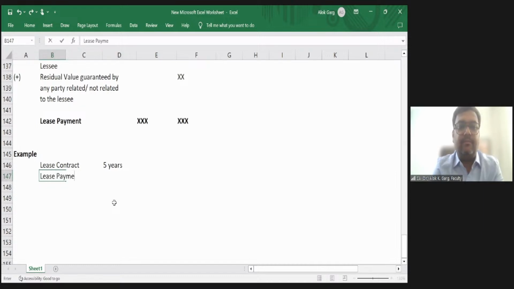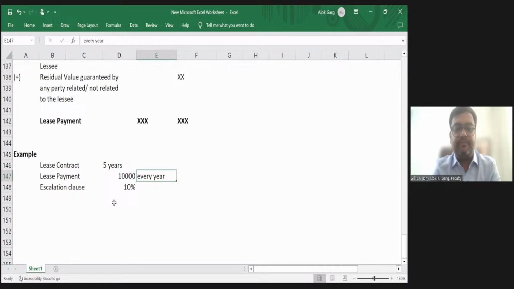Lease payment is 10,000 every year. Escalation clause is 10% every year.